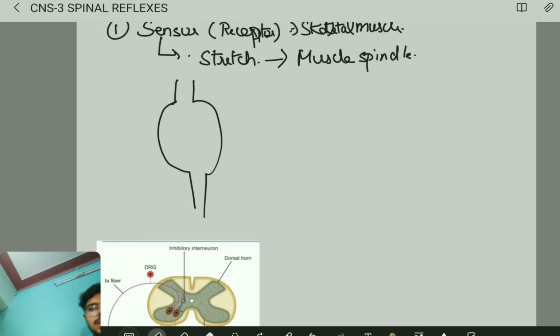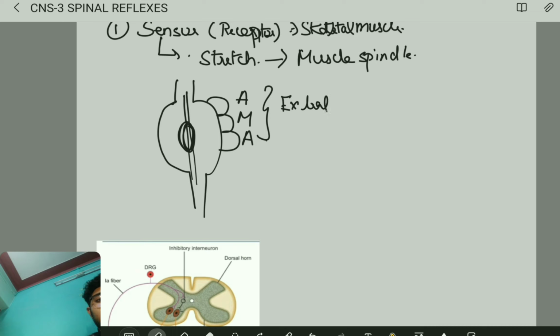Now what really happens? Let me divide it with this particular line, and on top of it you will be having your actin, myosin, actin. We learnt, right? So these things are called extrafusal fibers. Extrafusal fibers.